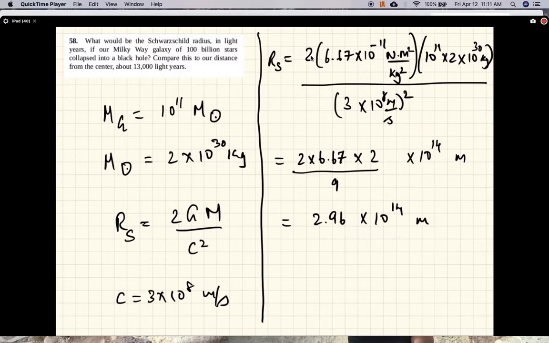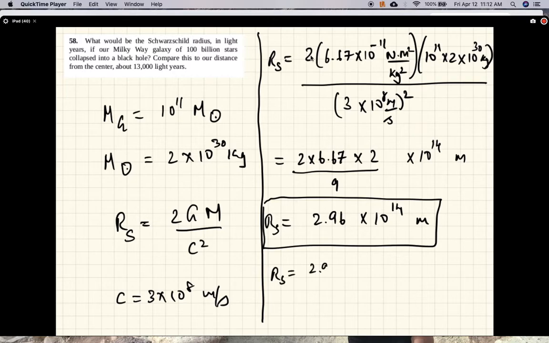And so this is the Schwarzschild radius. And to get this radius in light years, it will be 2.96 times 10 to the 14 meters, and 1 light year is 9.46 times 10 to the 15 meters.